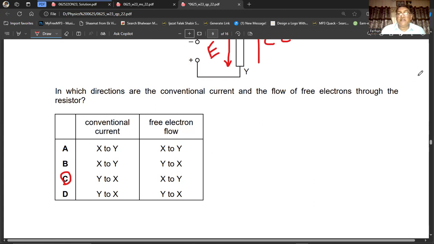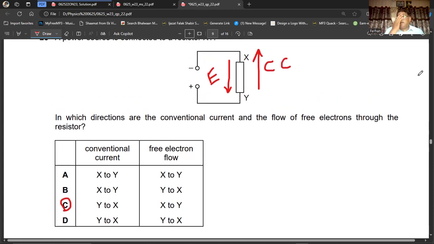Let's check again. For the conventional current, oh, I made a mistake. For conventional current, it will be going from Y to X. How can I delete it?